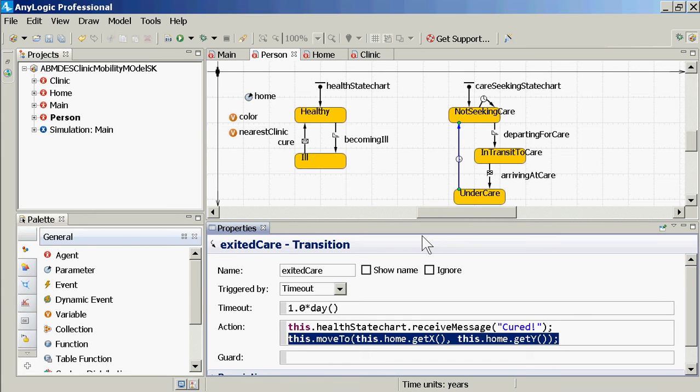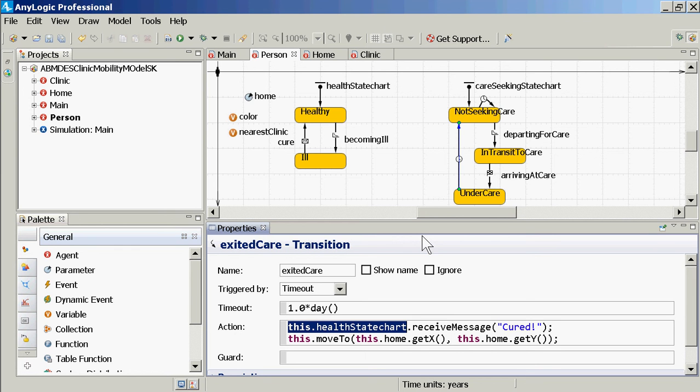Okay. Another thing we could do that might be clearer, Trent, would be to do this. Maybe this would make it clearer to people. This is one way to do it: we're asking the health state chart directly to handle it. Another thing we could do is send this message to ourselves, and then it will be handled by this other state chart.